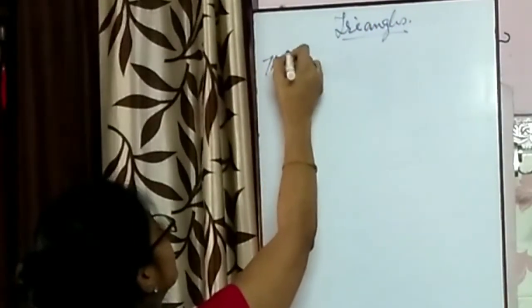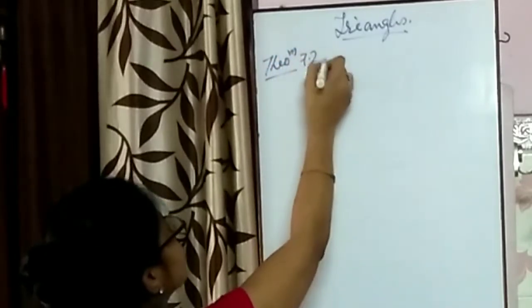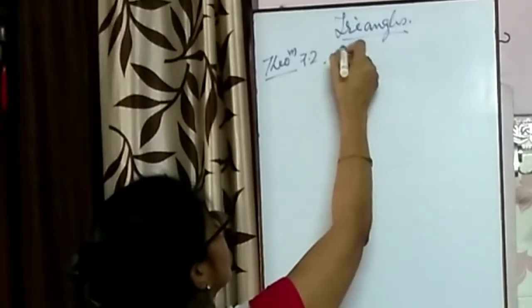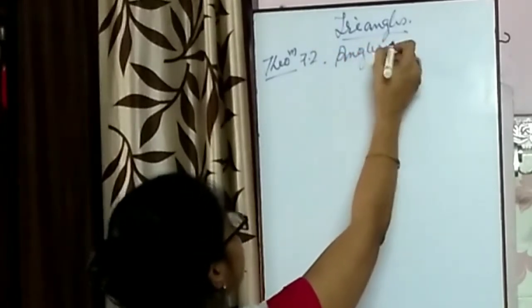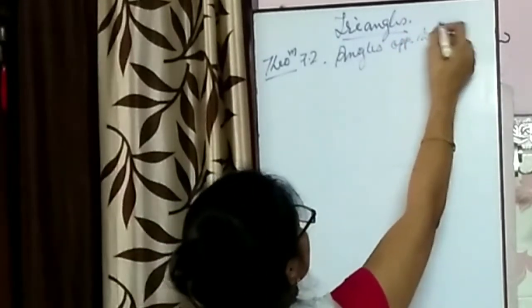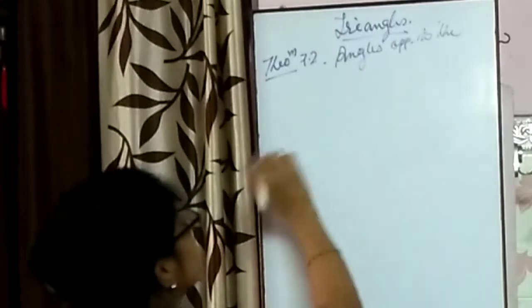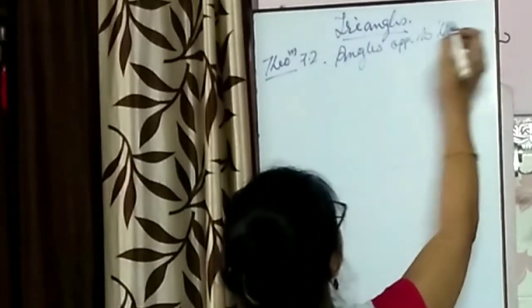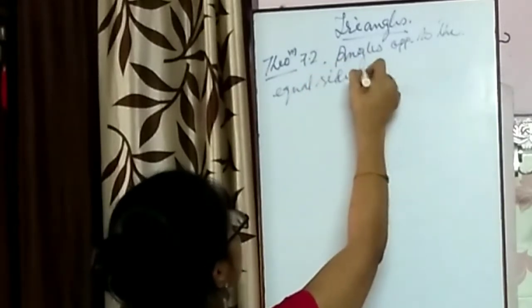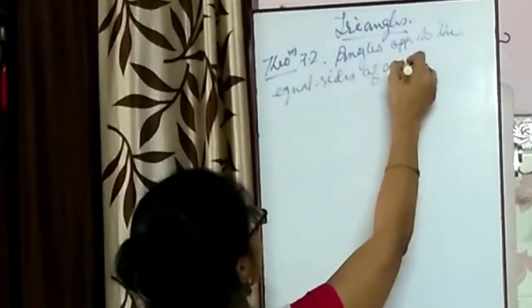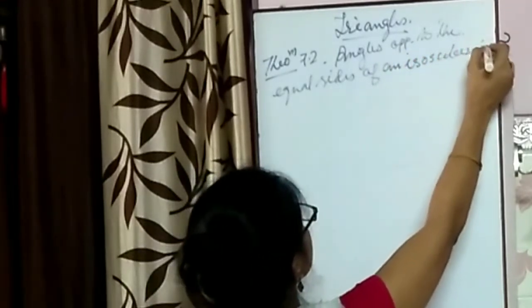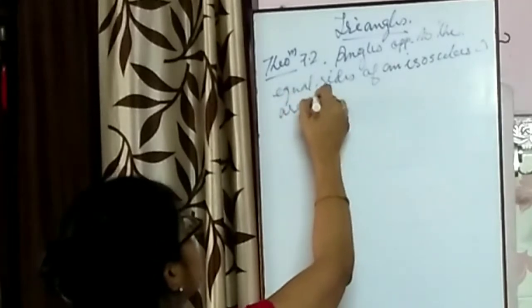Theorem 7.2. What is to be proved? Angles opposite to the equal sides of an isosceles triangle are equal.